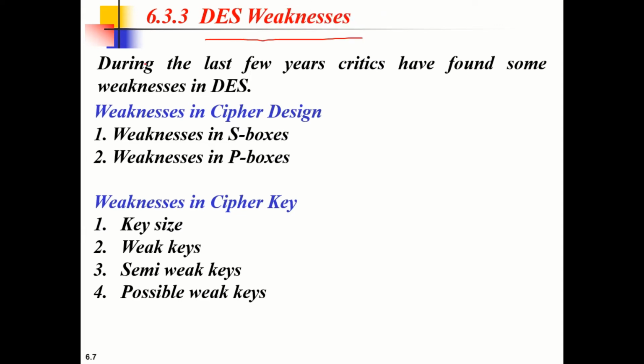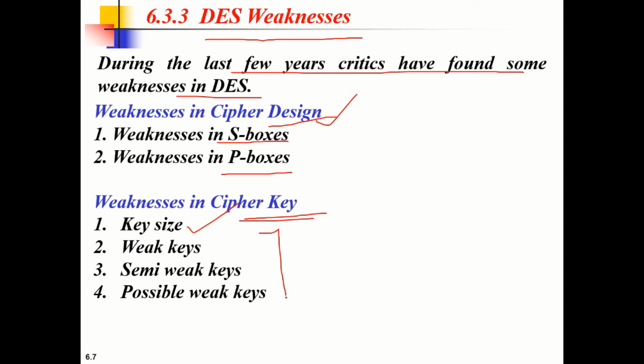So what it says, during the last few years, critics have found some weaknesses in DES. These weaknesses are in its design and in the key. When we talk about its design, then these S boxes and P boxes are discussed. And when we talk about the key, then we discuss the size of the key and the types of keys which we encounter when we generate keys for implementing DES.